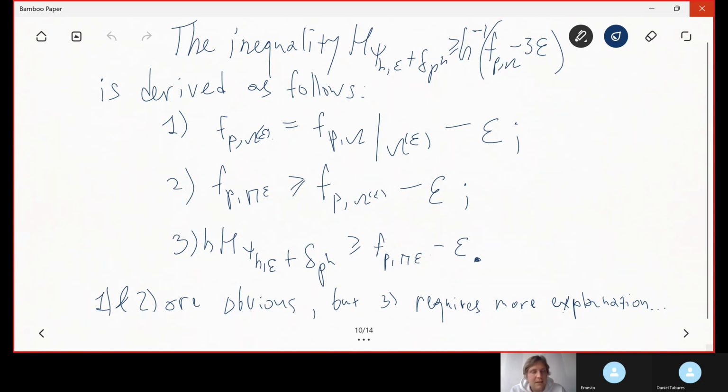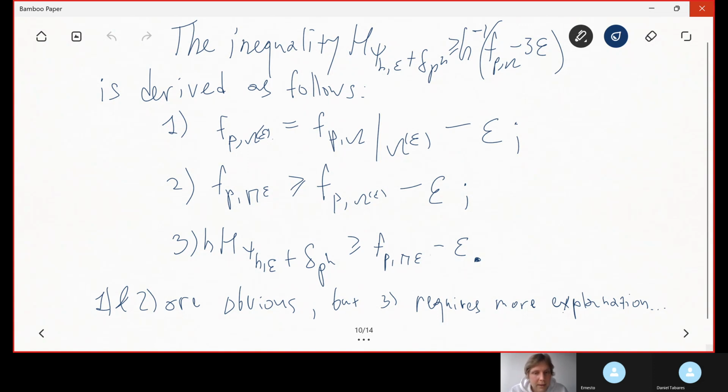Then also kind of obvious, the second, that this limiting toppling function is greater than the limiting toppling function on the bigger set minus epsilon. This is also clear because this is just the influence of these blowups, which are really small. They are actually of epsilon square order.